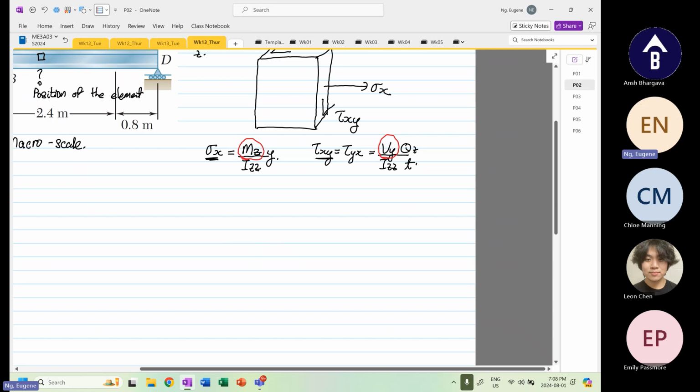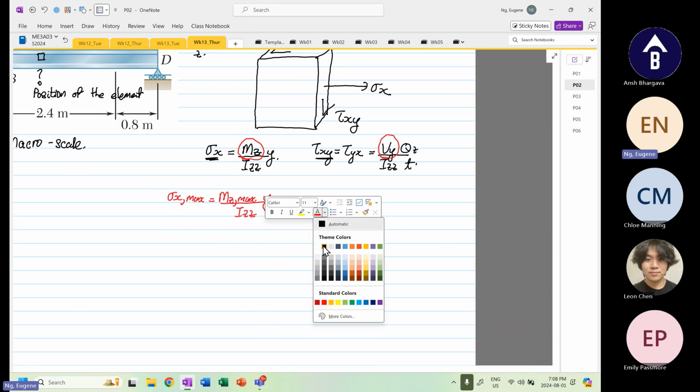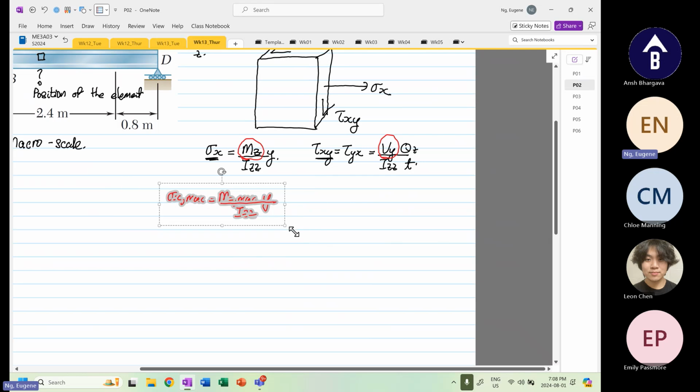We know that stress X will be at its maximum when moment Z is at its maximum position multiplied by Y over Izz. That we know. And then we are also aware, hold on, sorry about this.